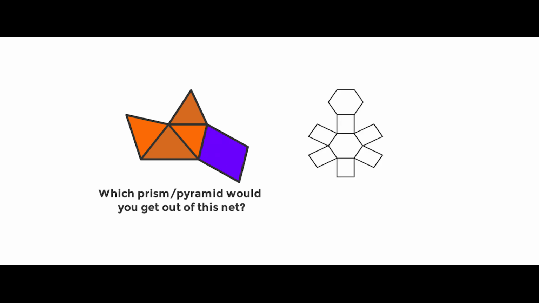Let's see the nets again. I have a net here. Okay, which prism or pyramid would you get out of this net? And I have another here.